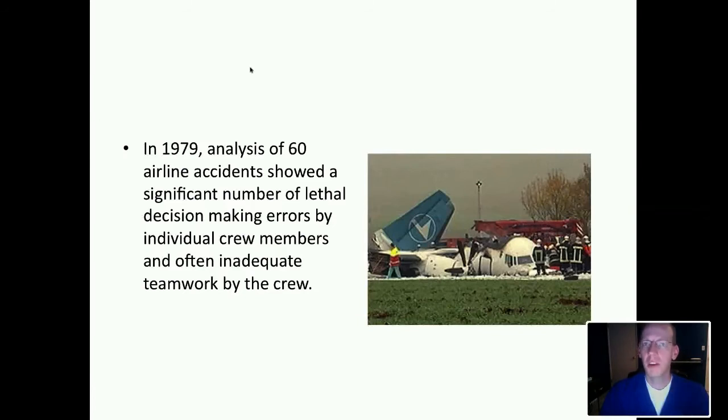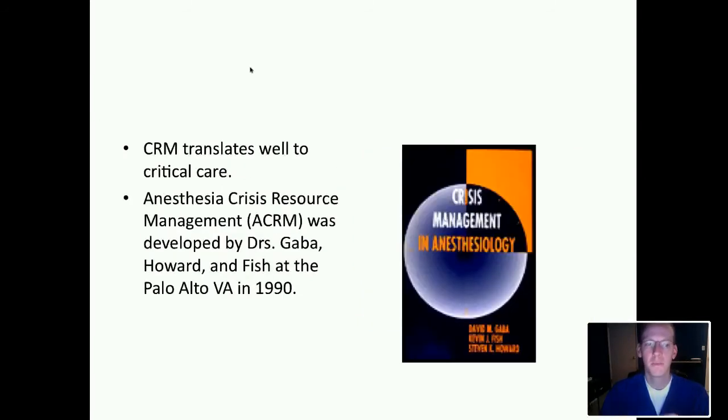These were often functional planes that were flown into the ground by well-meaning crews, but because they weren't able to work together, a bad outcome occurred, obviously, for both the pilots as well as the passengers. The FAA created a series of principles to help train pilots and then eventually whole crews on how to handle crises. My colleagues here at Stanford and then Palo Alto VA actually adapted these principles to healthcare back in the early 90s and actually published the seminal book on crisis management and anesthesiology, where they mapped out how these principles could be useful in healthcare.